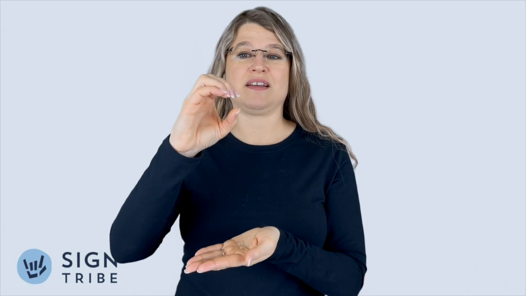All right, so the first step is to gather the bottle of shampoo and then the bottle of conditioner and a towel. Now, you might want to modify some of these signs based on your needs. For shampoo, it's like you're just washing your hair, but the sign for bottle is going to be your non-dominant hand in a closed 5, dominant hand in a small C shape, and then move up one time.